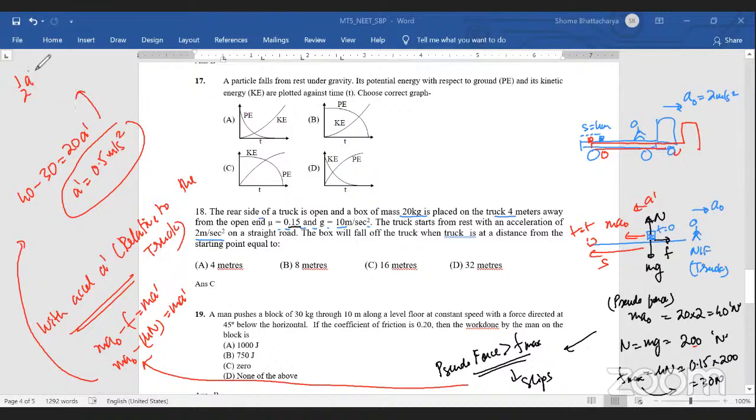So half a prime t square should be equal to that relative displacement. Half into 0.5 into t square should be equal to this displacement of 4 meters. So from this you can see that t will come out to be 2 seconds, is it? Or 4 seconds? 4 seconds, sorry.